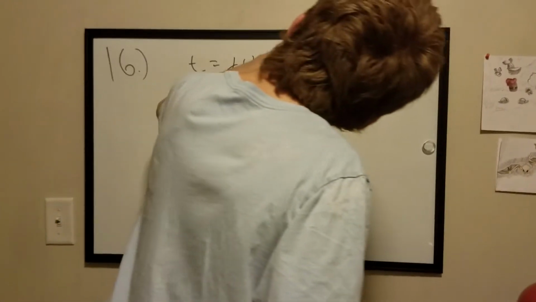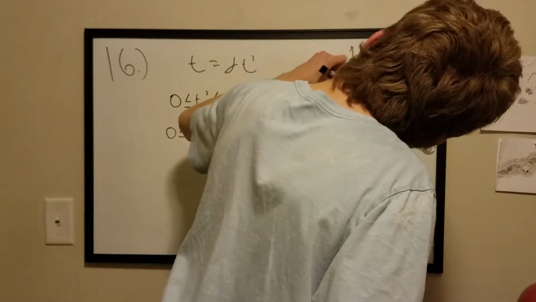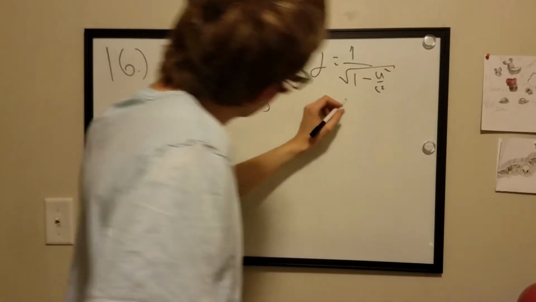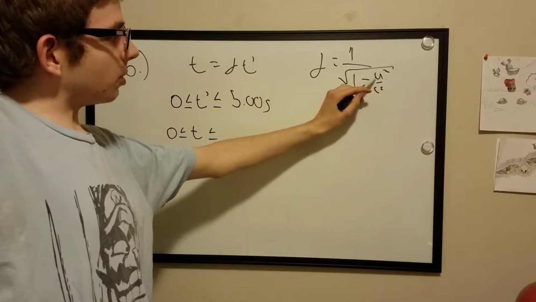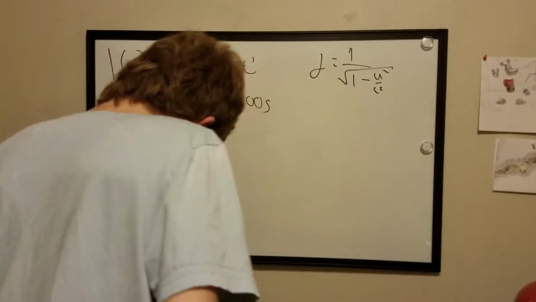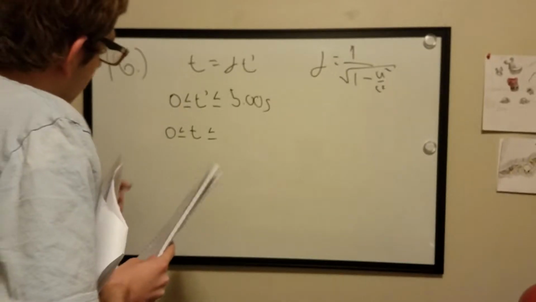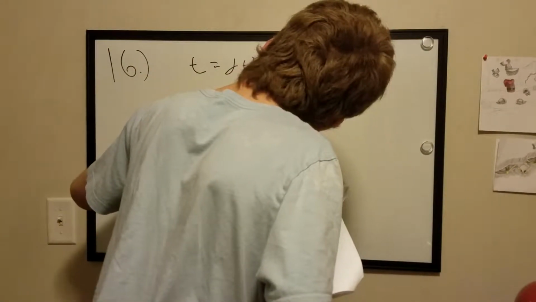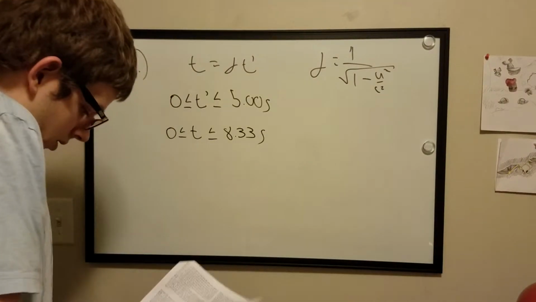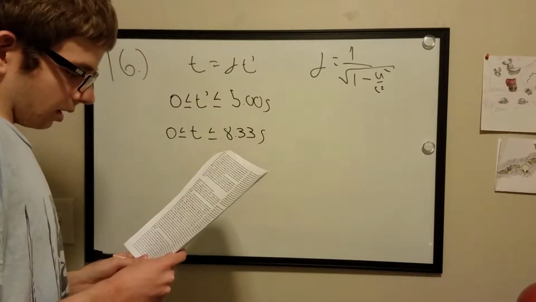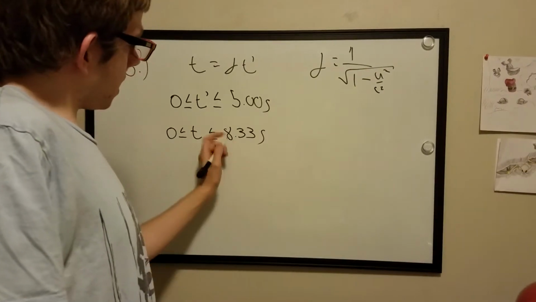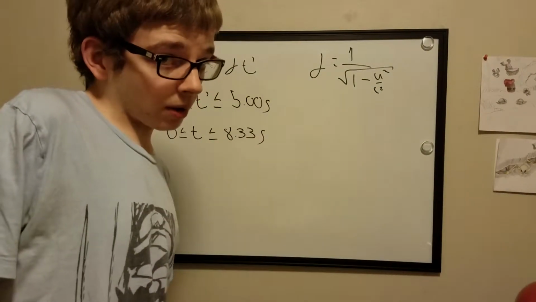Just the standard equation for gamma, 1 minus u squared over c squared, where u is Mavis's speed, which is given to us. If you plug that in, the answer would come out to be 8.33 seconds, like we got in the previous part. It says compare this value of t to what you calculated in part A, and this value is the same as what was calculated in part A.